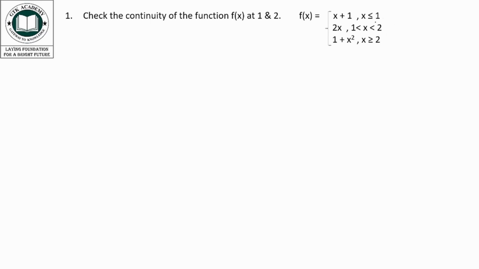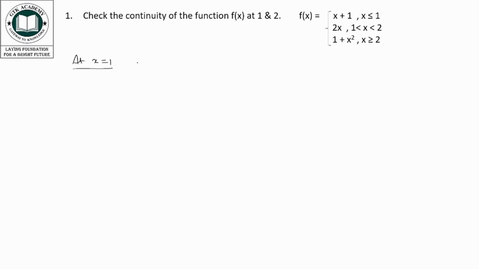So you can see at 1 and 2, the definition of function is changing. So let's check at x is equal to 1. What do we need to check for continuity? We need to check the left hand limit at 1, the right hand limit at 1, and the value of the function at 1. These three should be equal, then only the function will be continuous.